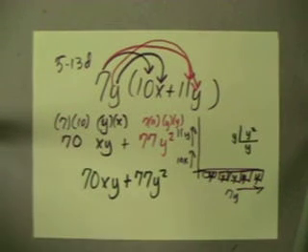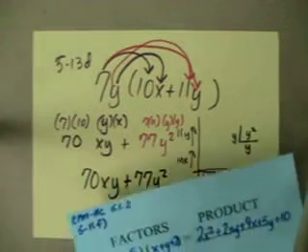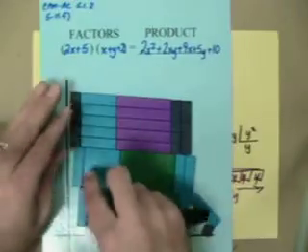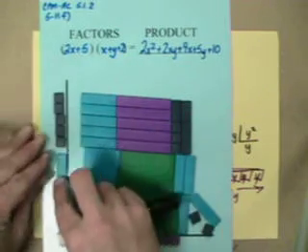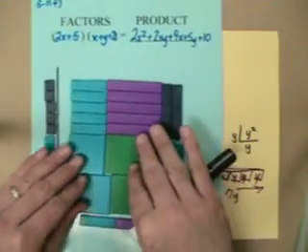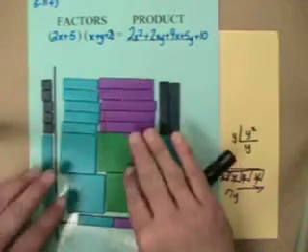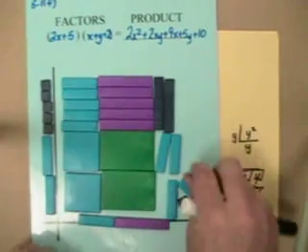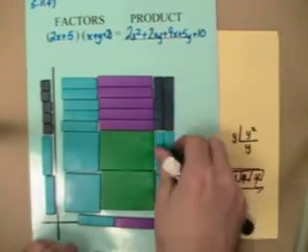Now, I hope we've given you a way to multiply and also a way to factor. We'll talk more about it later. We're not going to worry about it too much right now. But I want anyone who is using algebra tiles for this purpose to see what's happening.